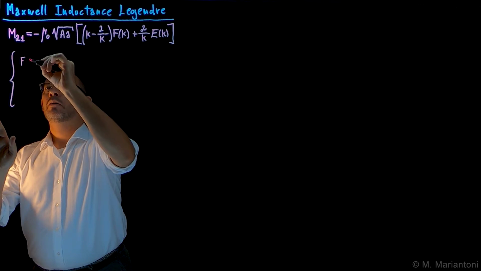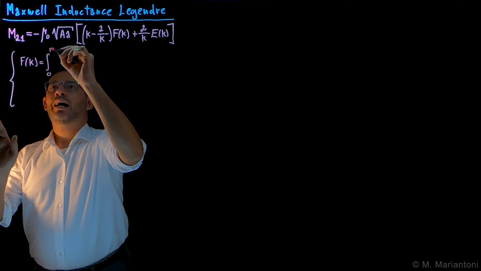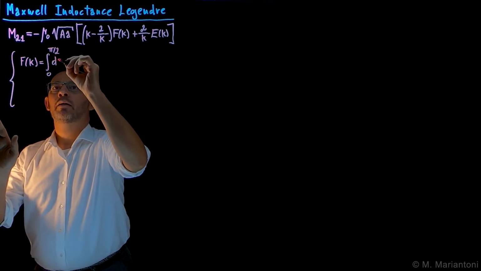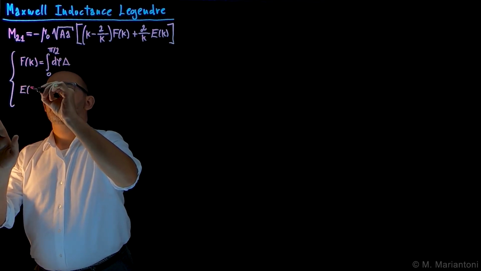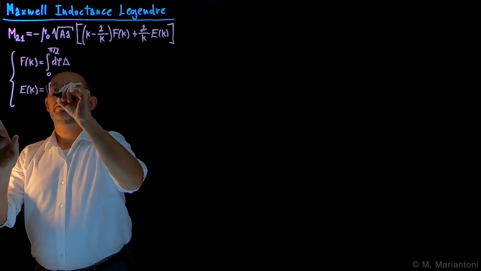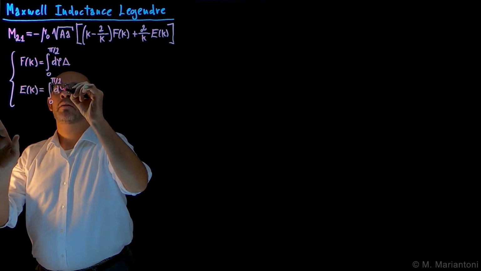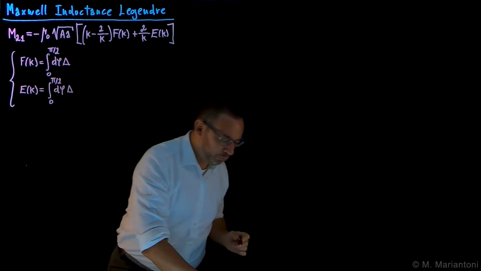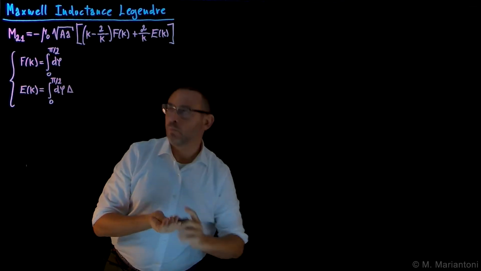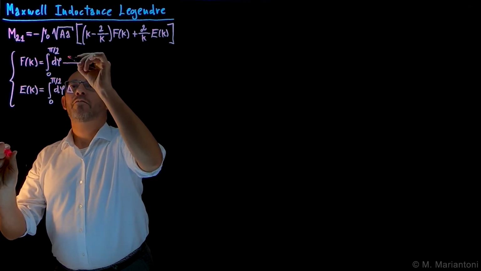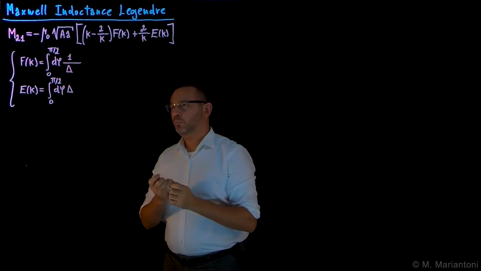F of k is equal to the integral from 0 to pi half in d phi of 1 over capital delta, to be defined in a minute, whereas E of k is given by the integral from 0, again, to pi half in d phi of capital delta. So F is the integral in d phi of 1 over capital delta, whereas E is capital delta.